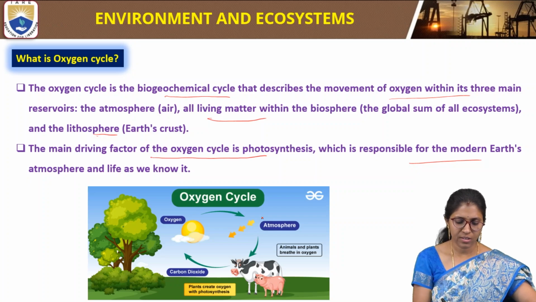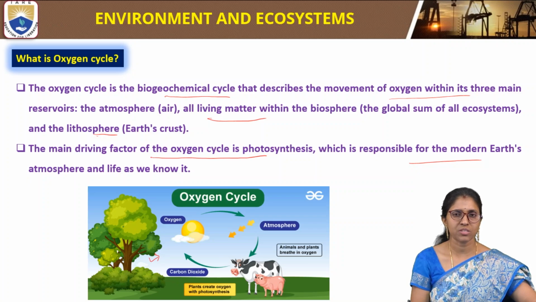So we know that oxygen is produced by the plants by the photosynthesis process. By the photosynthesis process, we will get oxygen into the environment. This oxygen is used by animals and plants for the breathing or respiration process.